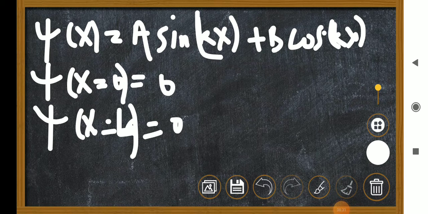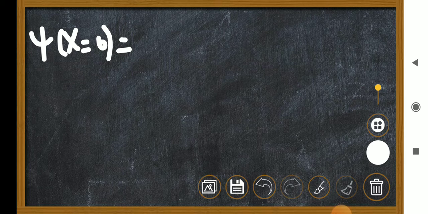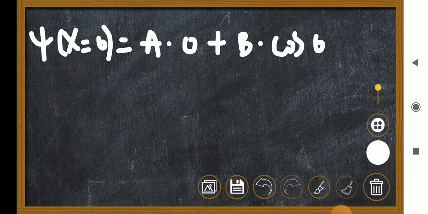By putting these two conditions, for the first condition we put psi at x equals 0. We have a multiplied with sine of 0, which is 0, plus b multiplied with cos of 0.